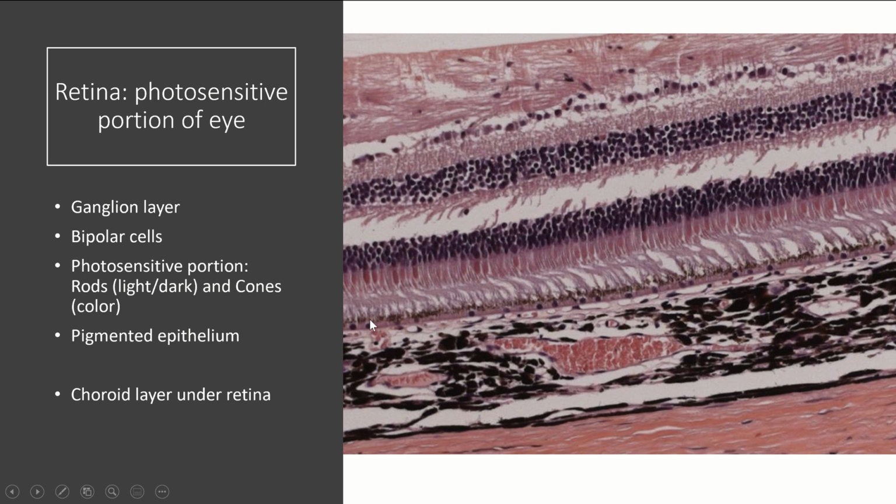The next part we have is the pigmented epithelium. So this is the pigmented epithelium, and you can see this pigment right here on top of it, and that's what sinks the light into the retina, right? Because remember, white surfaces reflect light, and black surfaces will absorb light.